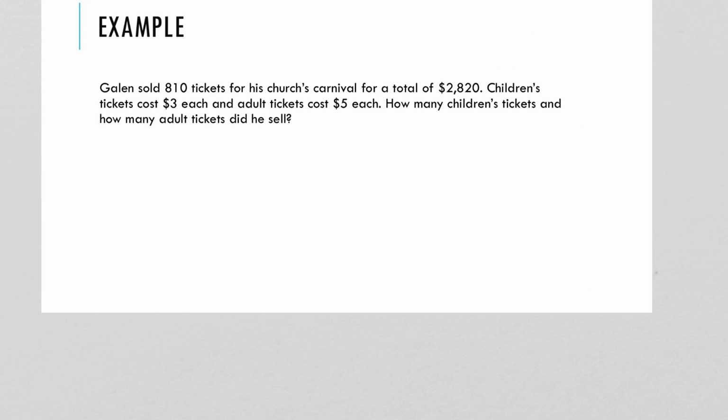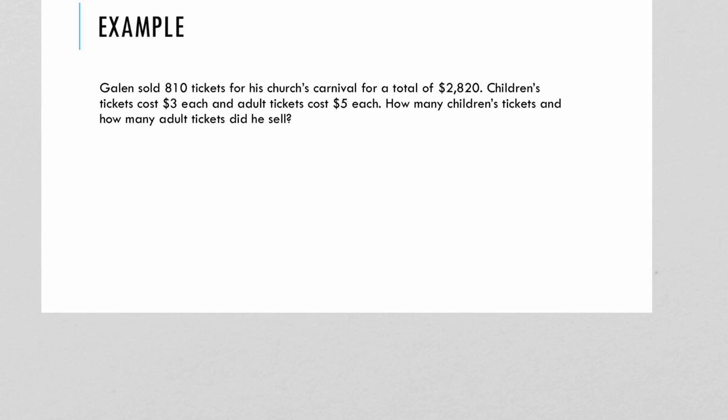Alright, for this problem, Galen sold 810 tickets for his church's carnival for a total of $2,820. Children's tickets cost $3 each, and adult tickets cost $5 each. How many children's tickets and how many adult tickets did he sell? Alright, so let's see here. What two things am I dealing with?